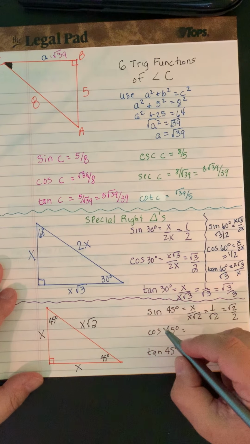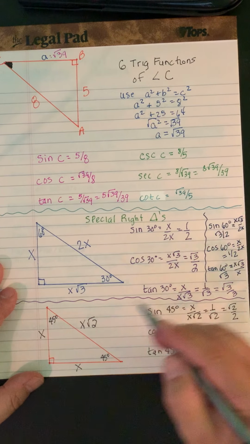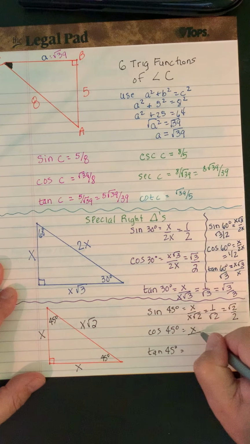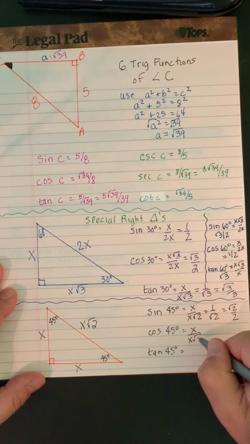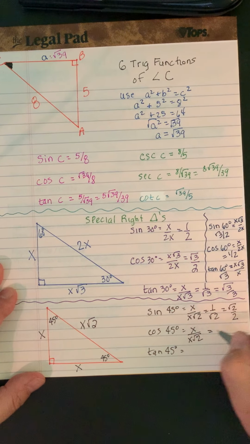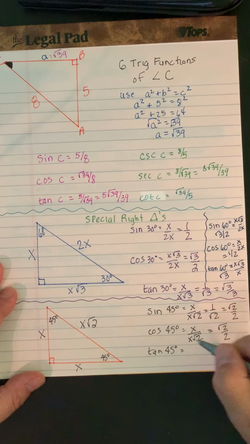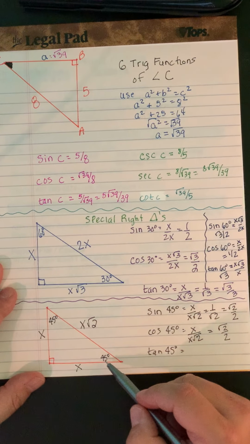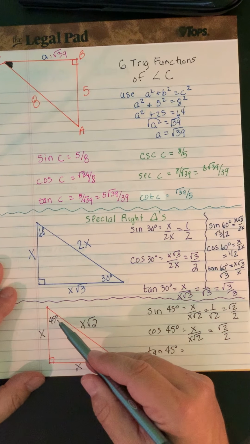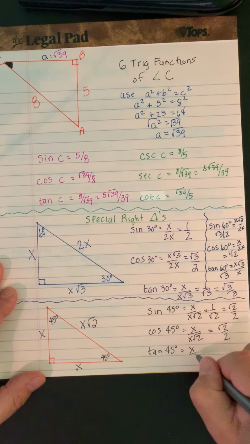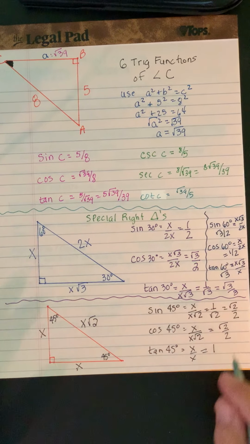And you're going to see the cosine of 45, adjacent over hypotenuse, same exact thing, which comes out to be radical 2 over 2. Then the tangent, opposite over adjacent, x over x is 1.